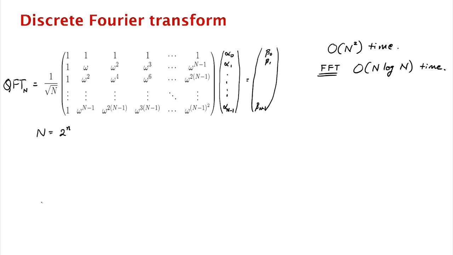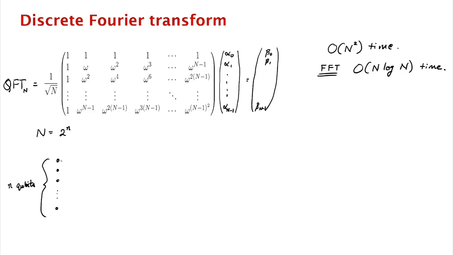Now we think of this capital N dimensional vector as the state of little n qubits. So that's this exponential compression that we get with a quantum system. The state of this little n qubit system is really this exponentially large superposition.